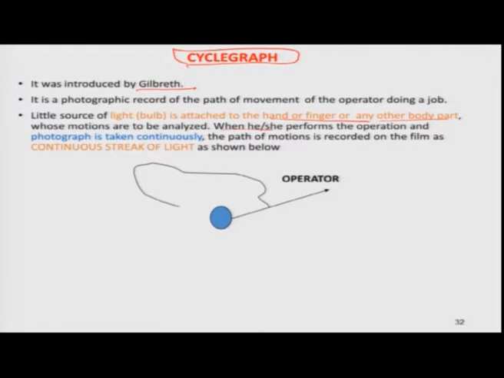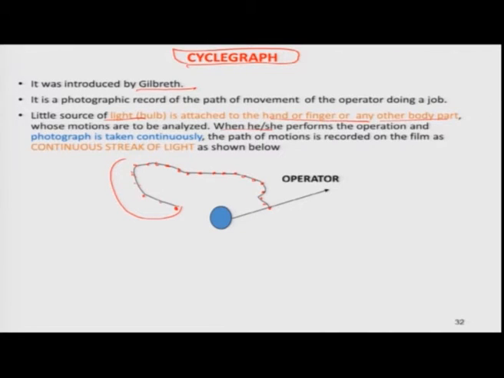Suppose you started working from this point and you have done several kinds of things; this is the main path you followed to complete that process. A light bulb is attached to your finger or hand, so that this path is recorded, okay, and this is called a cyclograph.